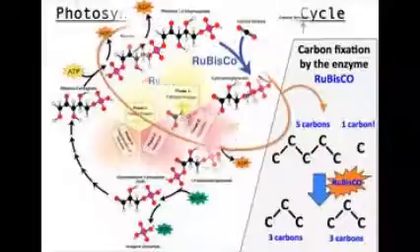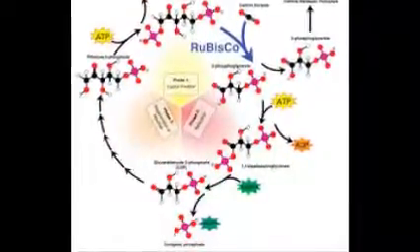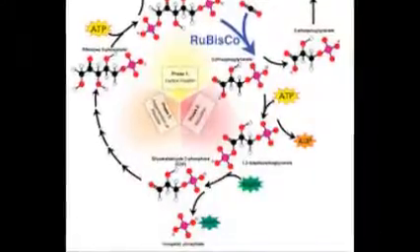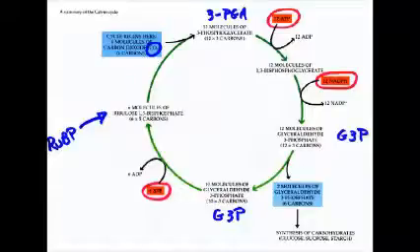ATP provides the energy, while NADPH adds 1 hydrogen to each of the 2 PGA chains created to make G3P. G3P is glyceraldehyde-3-phosphate.